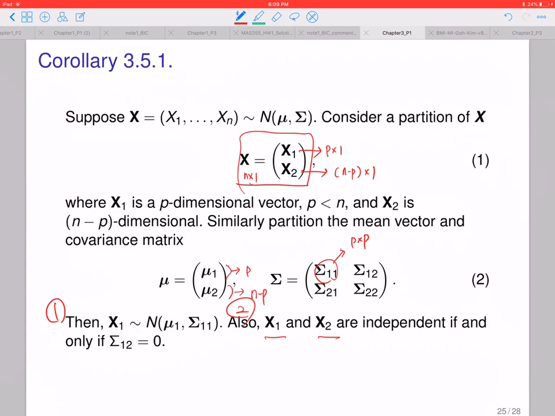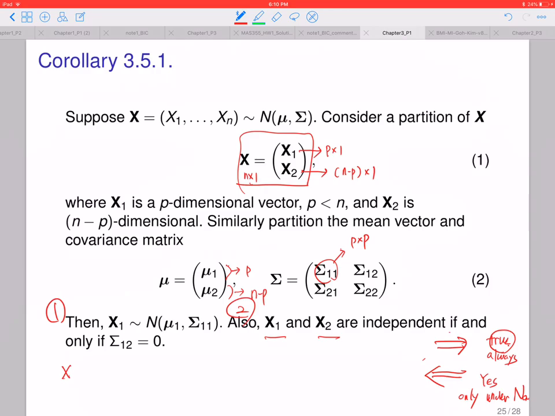Regarding the second part, the if part is usually always true. An interesting result is that the only if part holds only under the normal distribution.